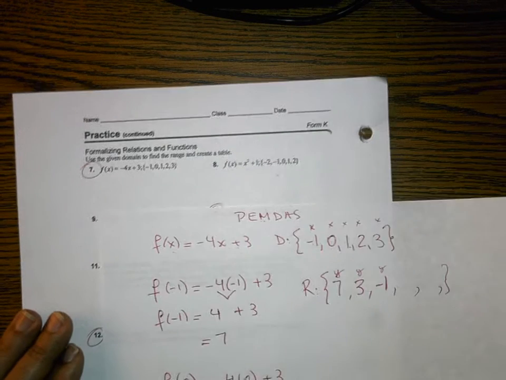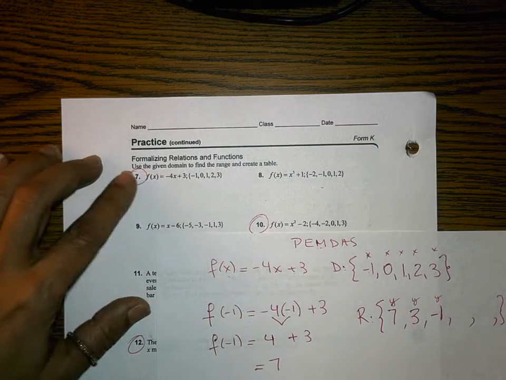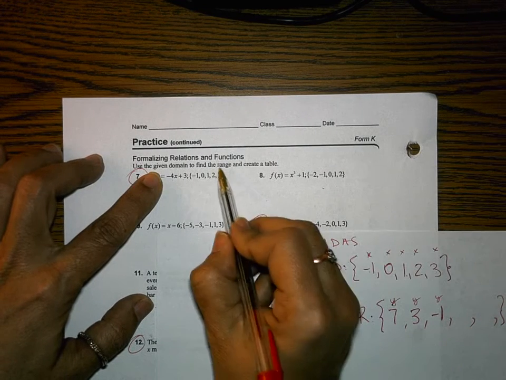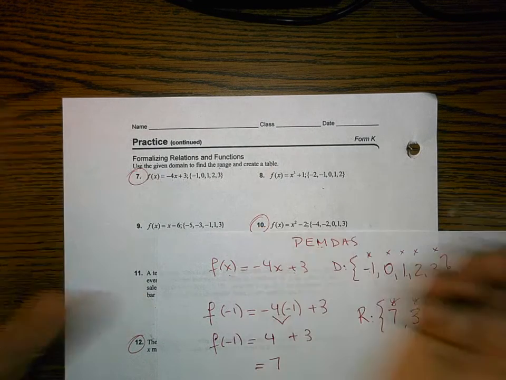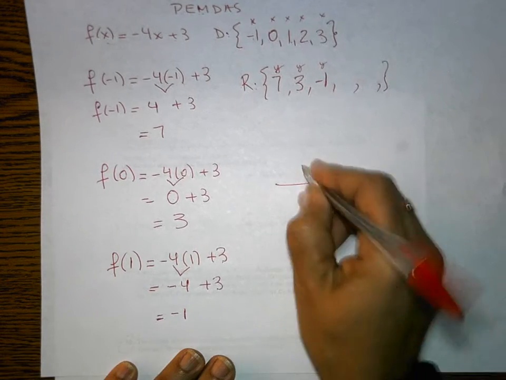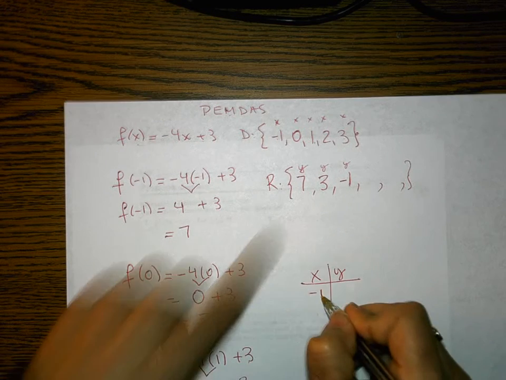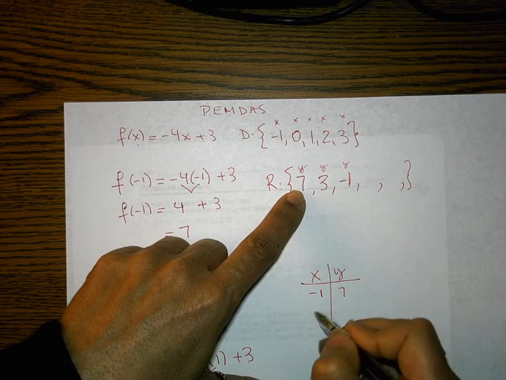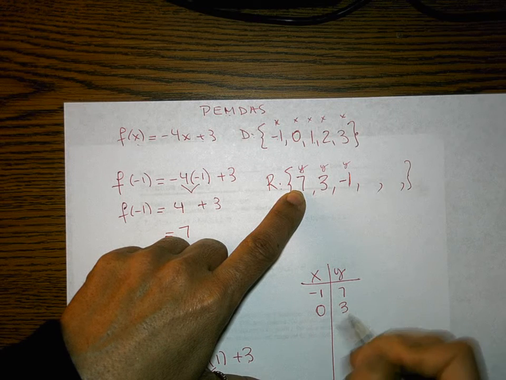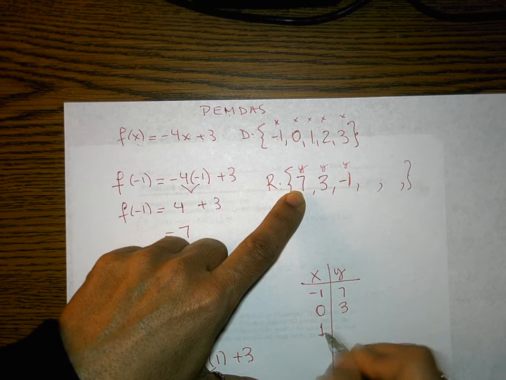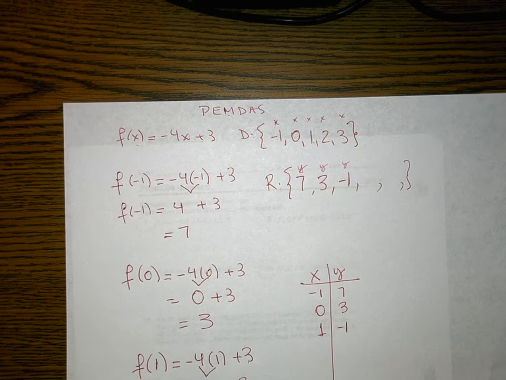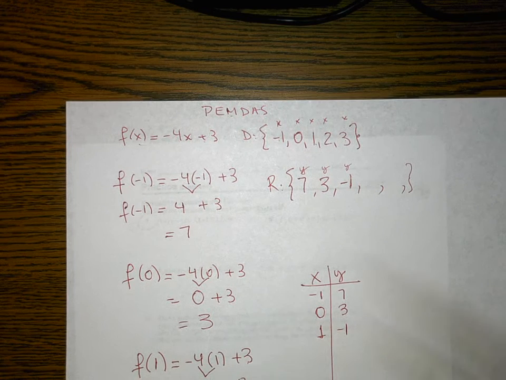And that's pretty much what you would do here. It says use the given domain to find the range and create a table. I was not creating a table here on my problem, but you can create a table. X, comma, y. I plugged in a negative 1, I got a 7. I plugged in a 0, I got a 3. I plugged in a 1, I got a negative 1.